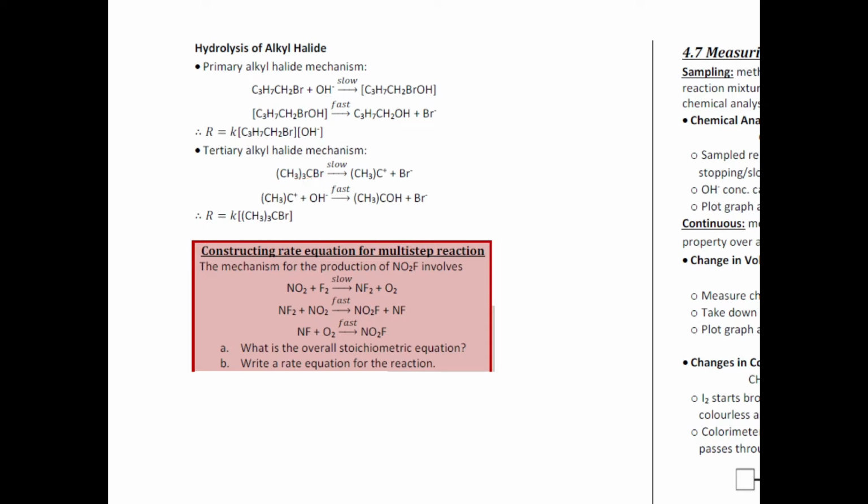SN1 means one reactant. Primary halogenoalkane, SN2, two reactants. So let's see the mechanism here. This is the SN2 mechanism. These are the SN1 mechanisms.